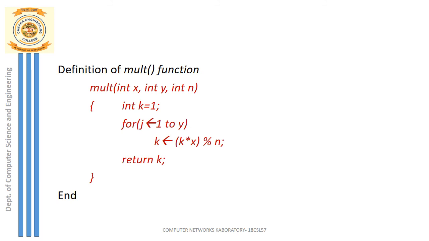The statement is k is equal to k into x. Sorry, we multiply x y times, and we perform the mod operation with n. At last, we will be returning the k value. So that's it. It's the end of the pseudocode, a simple pseudocode to implement the RSA algorithm.